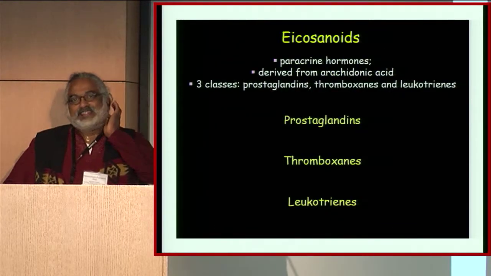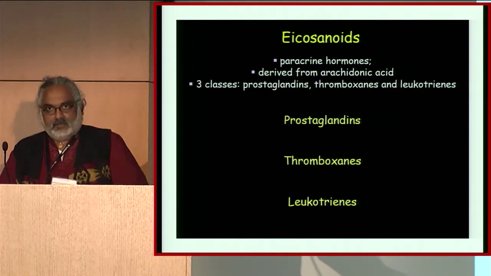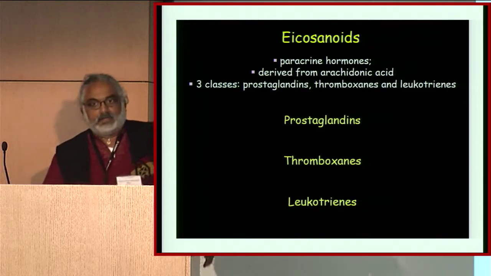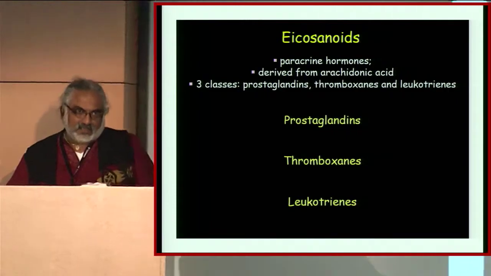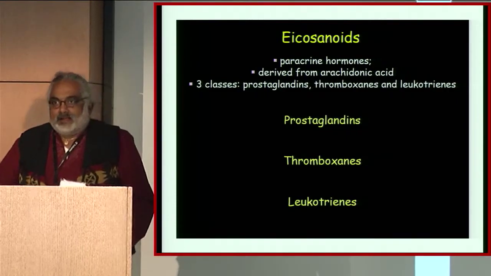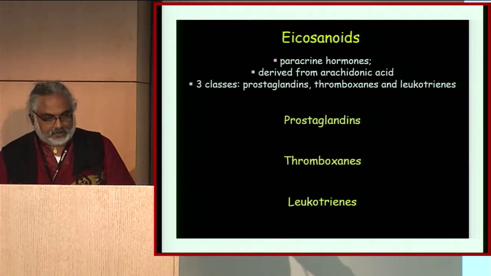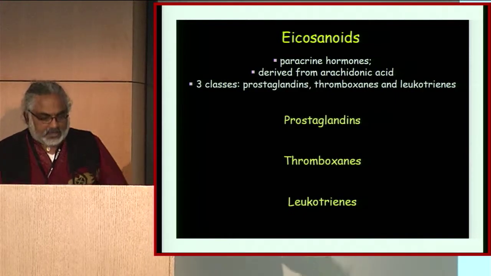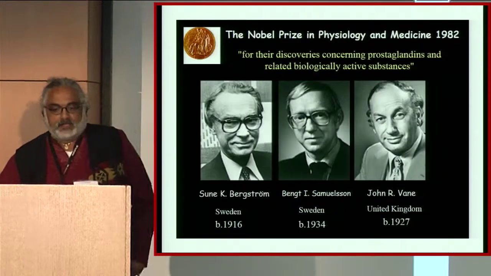Eicosanoids. Eicosanoid comes from eicosatetraenoic acid, with the double bond starting at the fifth position. These are the oxygenated metabolites of eicosatetraenoic acid, in other words arachidonic acid, which is present at the 2 position of the phospholipid membrane of the cell. They form these eicosanoids, which are nothing but prostaglandins and leukotrienes.